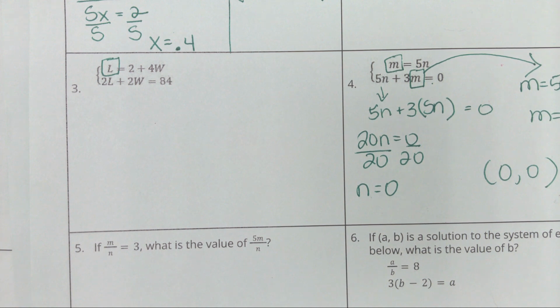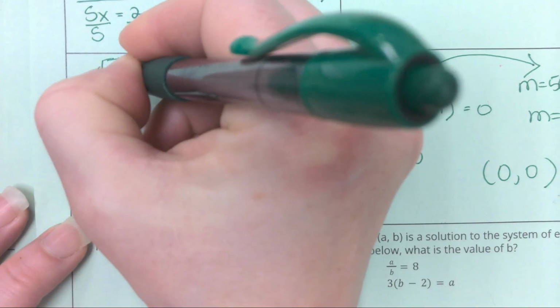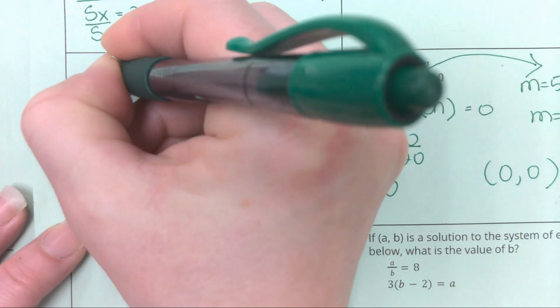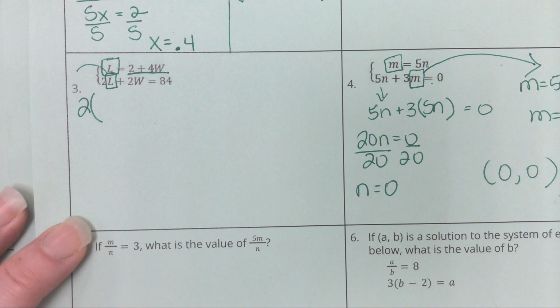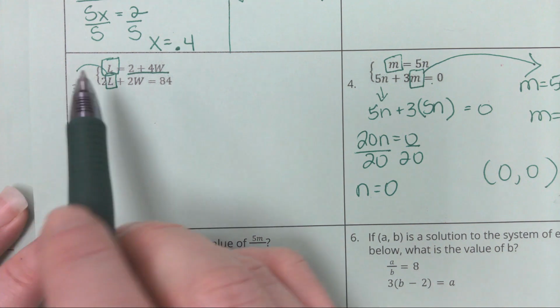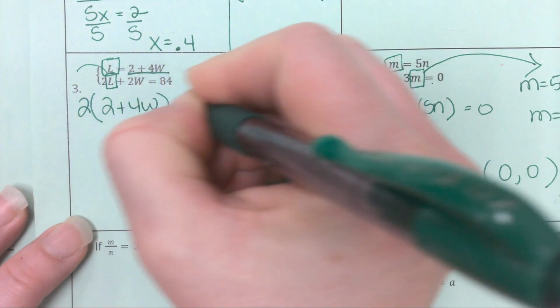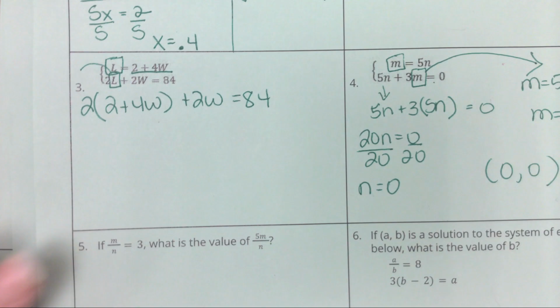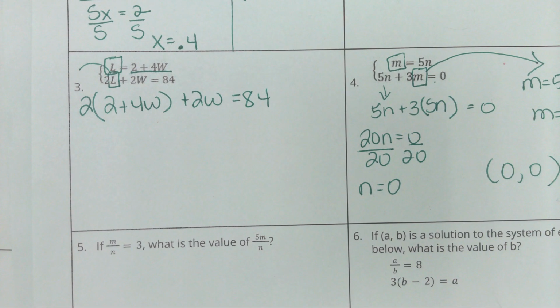Okay, what I'm seeing, I checked in with some of you. L equals 2 plus 4W. This came out, and I was really glad I saw a lot of people left that 2 in front. 2 times 2 plus 4W plus 2W equals 84. Okay, let's keep going. What would I do now? Multiply.